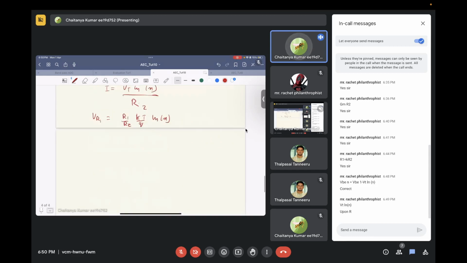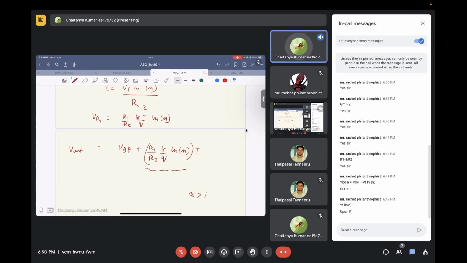Okay. So your V out will be VBE plus R1 by R2 times K by Q of ln of n times temperature. So this is basically a positive quantity if n is greater than 1.